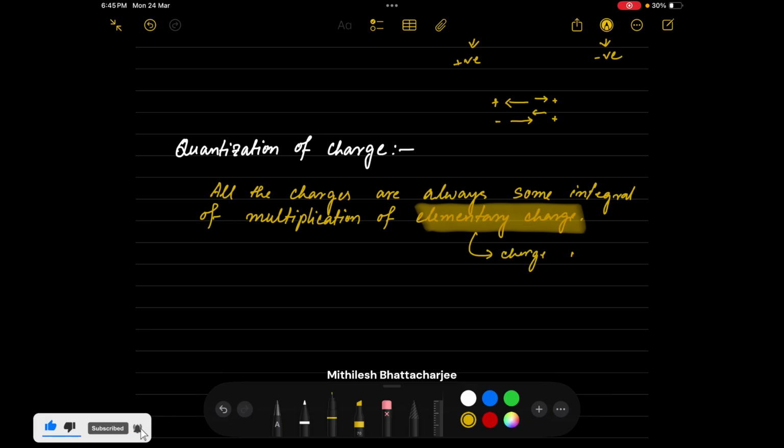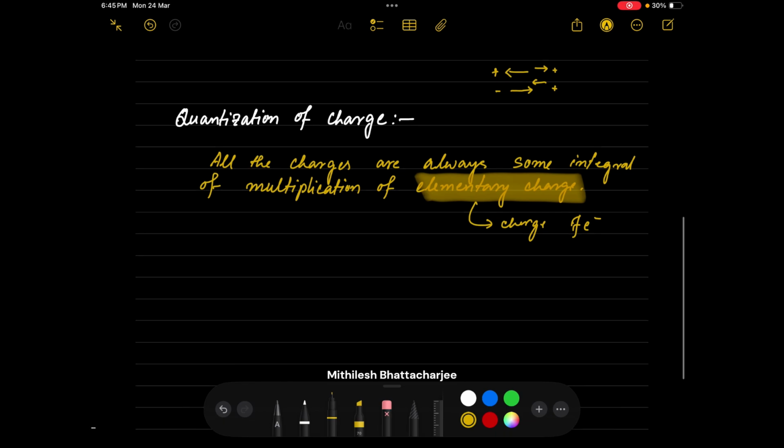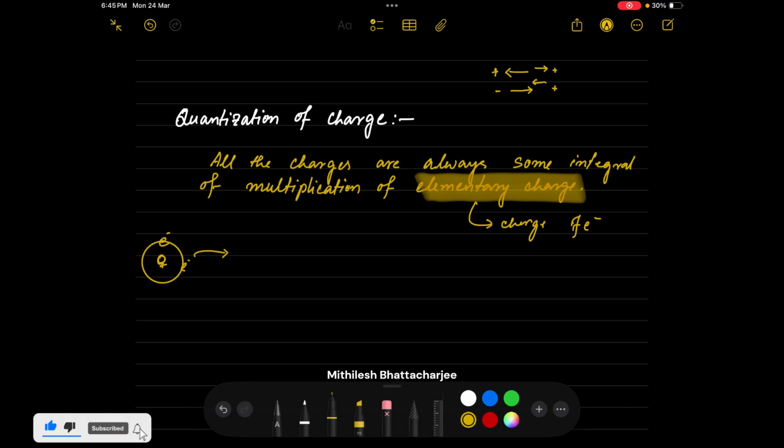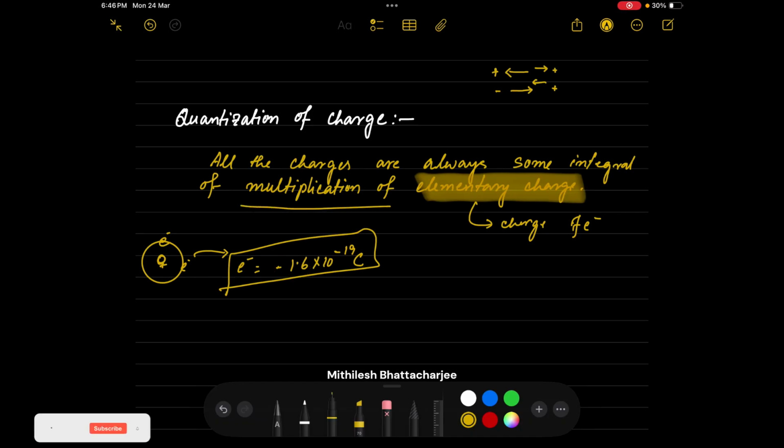Charge of the electron. Right? In an atom, this is the nucleus, the positively charged particle, and these are the electrons. The charge of the electron is minus 1.6 into 10 to the power minus 19 coulomb. This is the elementary charge, and as per the quantization of charge, all the charges that are observable are some integral multiplication of the elementary charge.